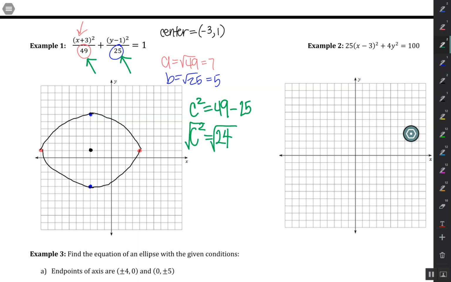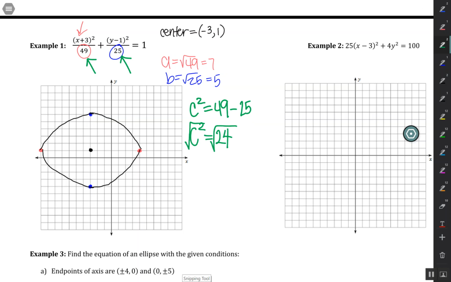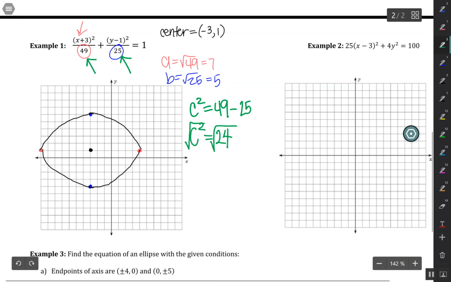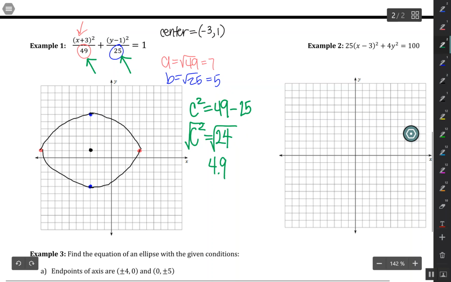That's about, not quite 5. It's very, very close to 5. It's about 4.9. Okay, so let's see. 1, 2, 3, 4, 5, practically 5. 1, 2, 3, 4, practically 5.